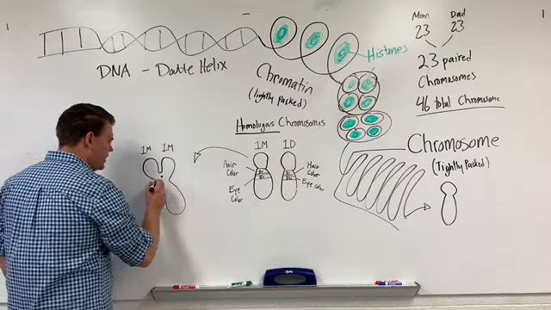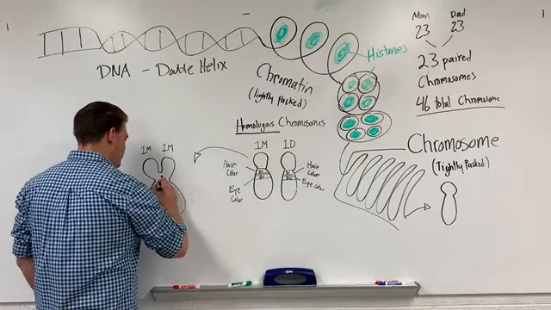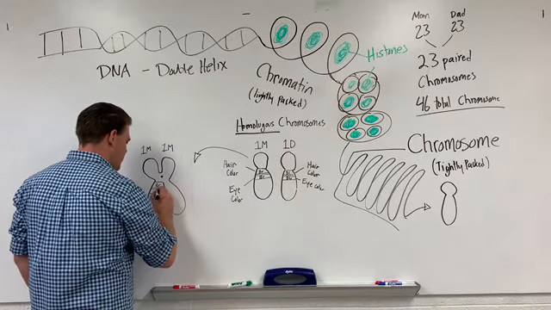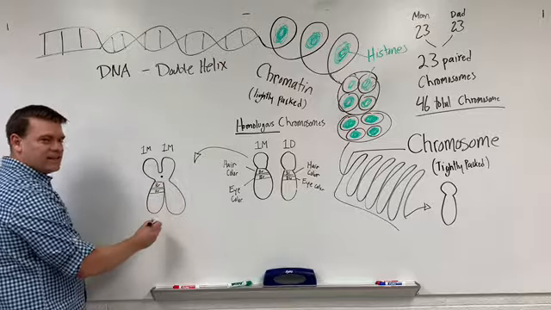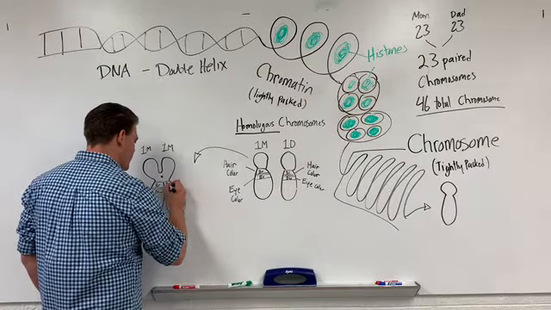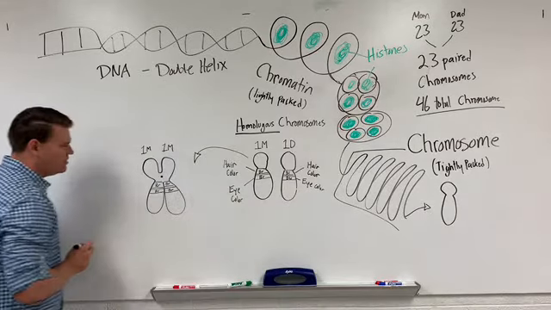But if we were to look here, so this is chromosome 1 from mom. So we have brown hair and brown eyes. Since we're making an exact copy, we will see here that we also have brown hair and brown eyes.